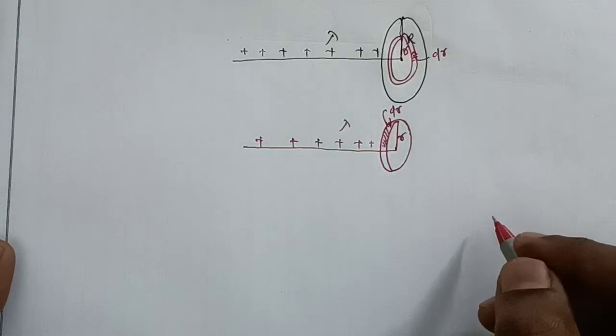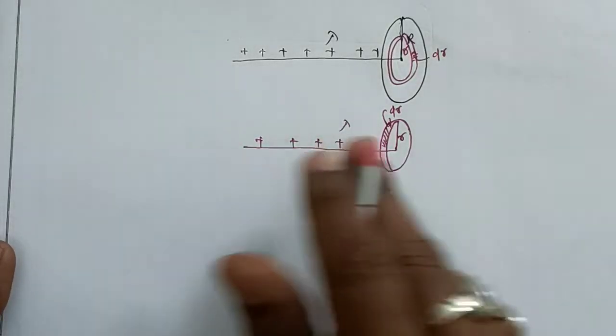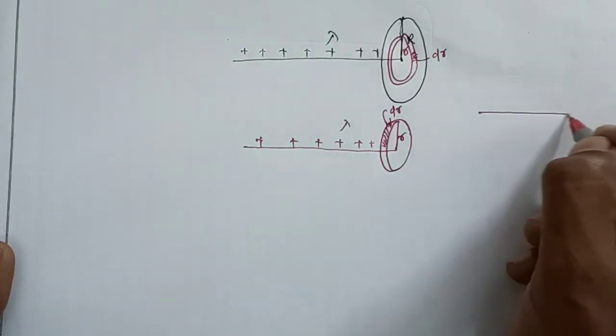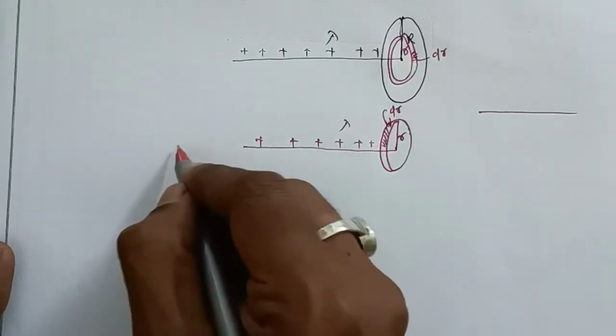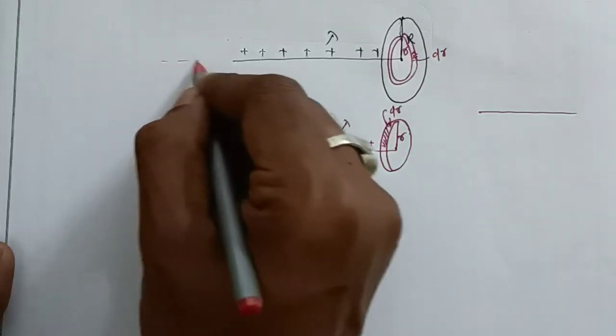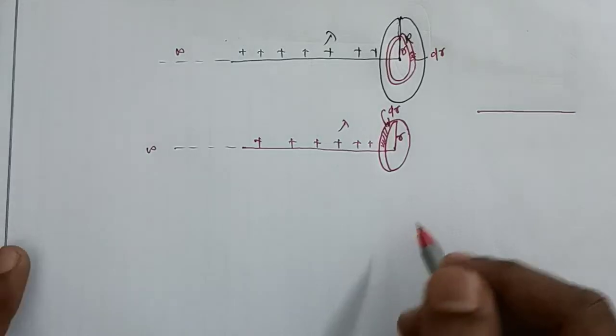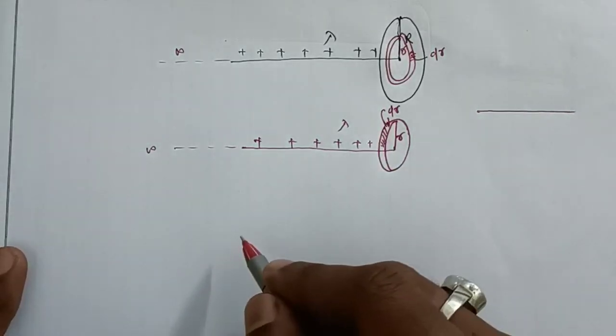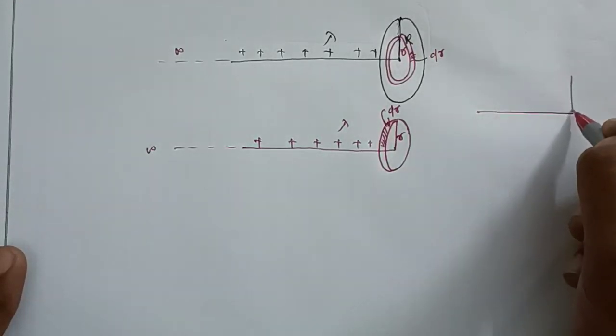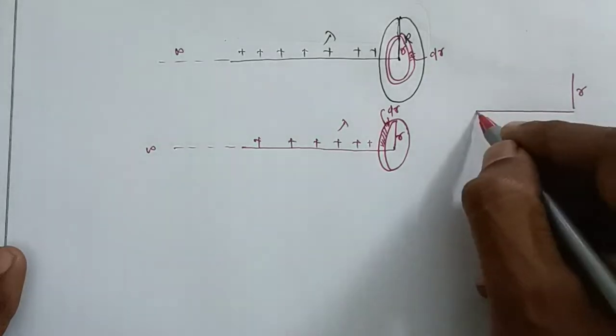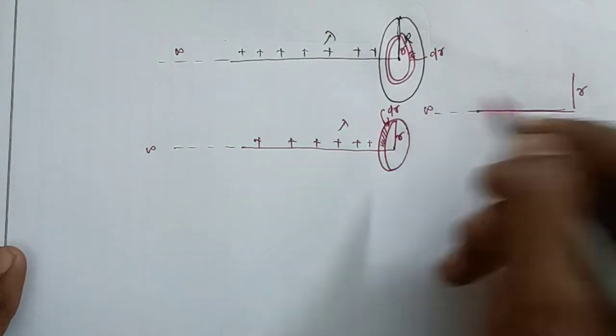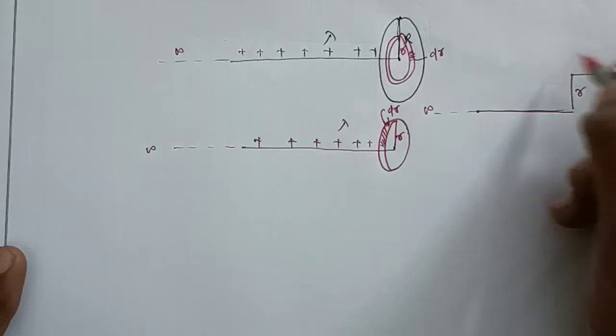A student must have this information. If one end of the line charge goes to infinity, as you observe here, then the expression of the electric field at a certain distance r has two components of electric field.